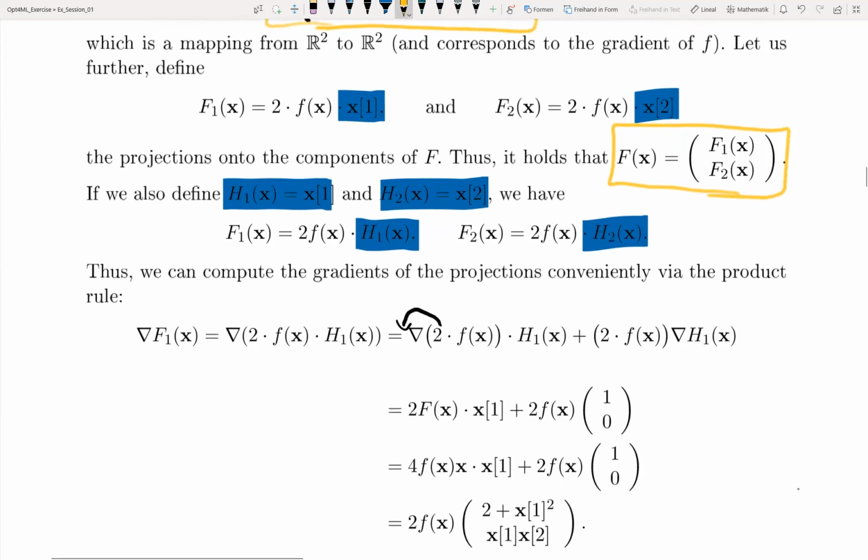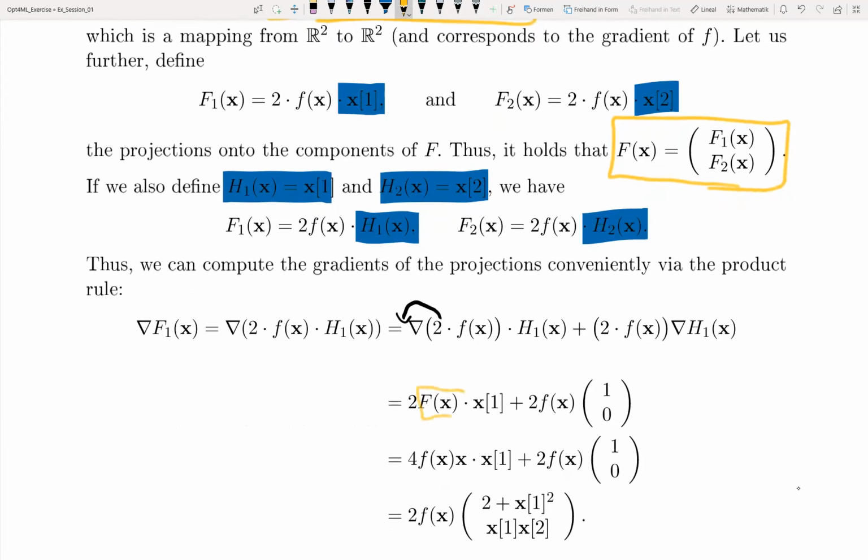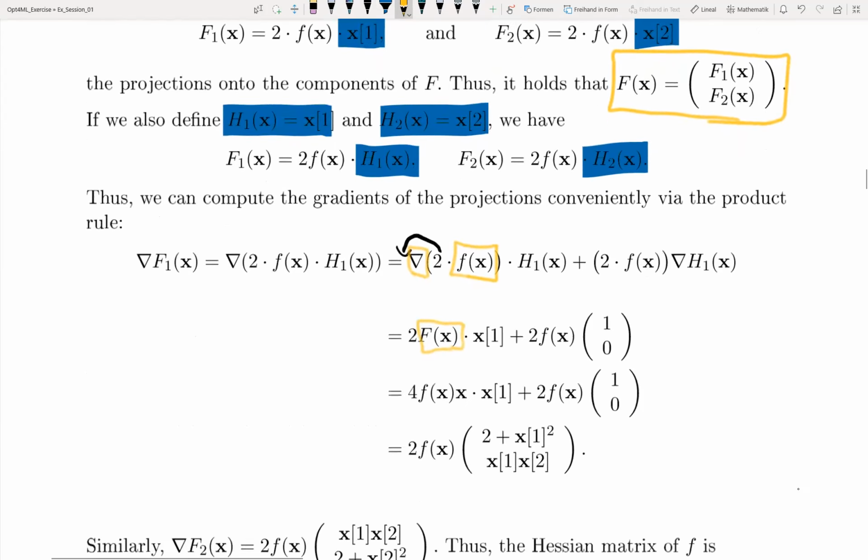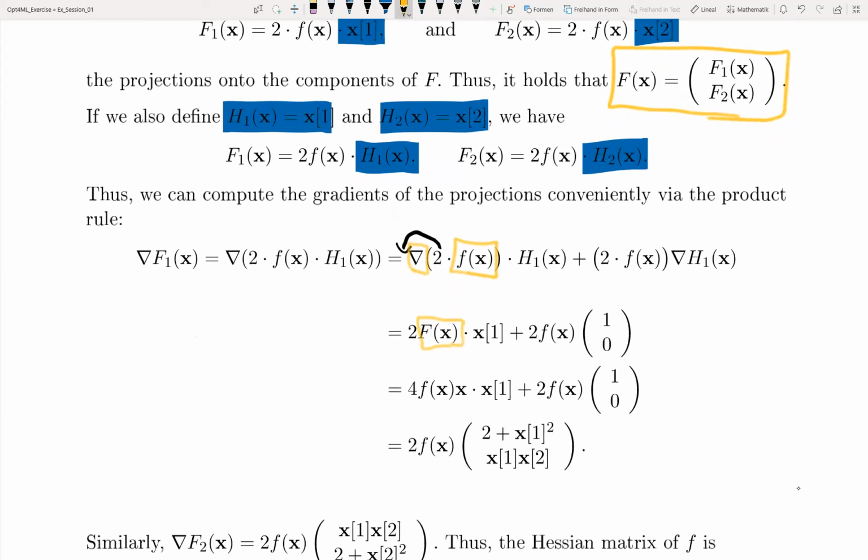This is how we have called the capitalized f of x. h1 of x is nothing else than the first component of x. What about the second term? 2 times f of x. What's the gradient of h1 of x?